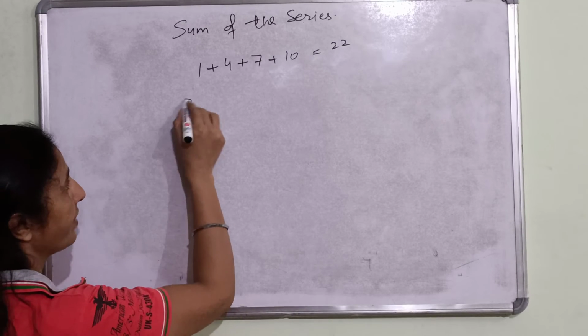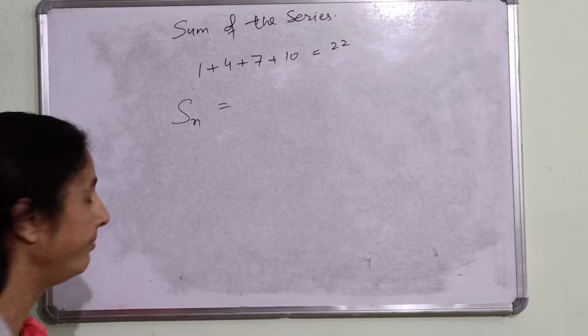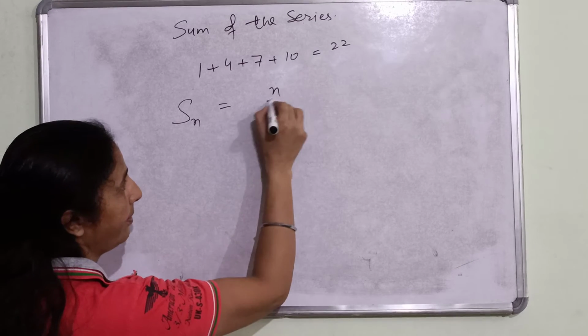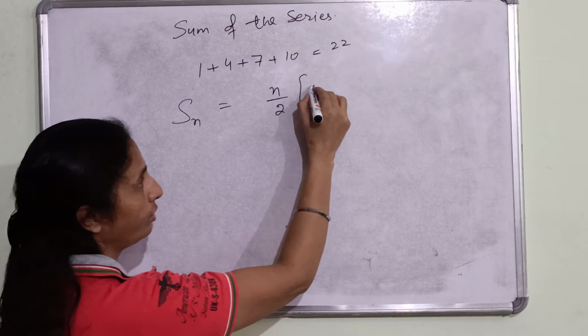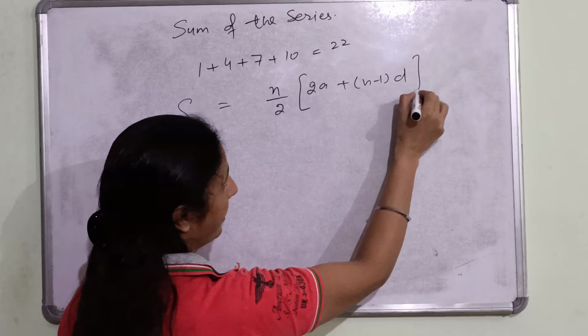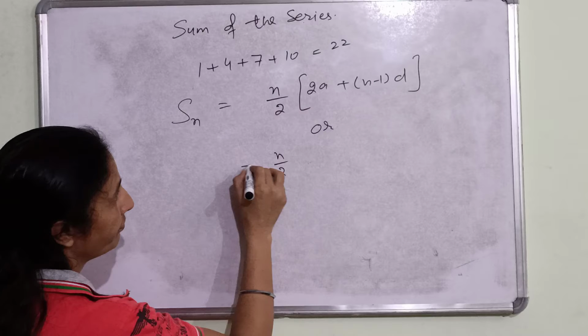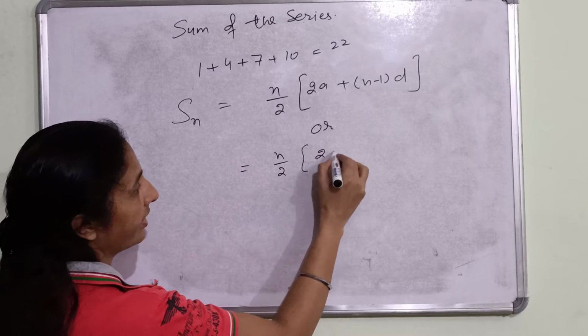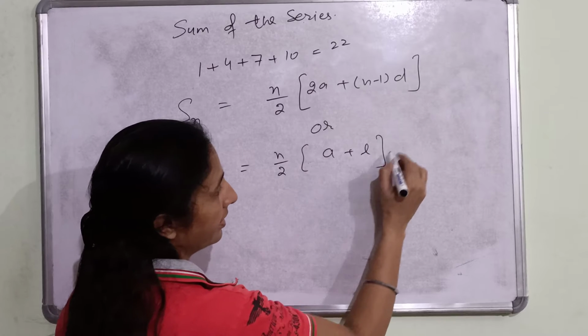So we can use the formula for Sn. Sn is equal to n by 2, where n is the number of terms, right? n by 2 times (2a plus (n minus 1)d). Or n by 2 times (a plus l), if the last term is given.